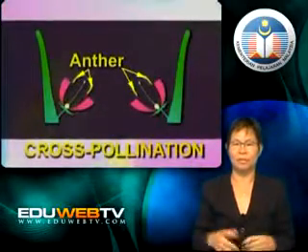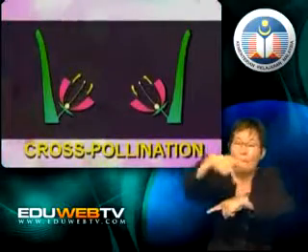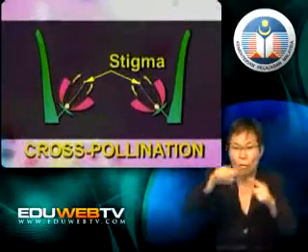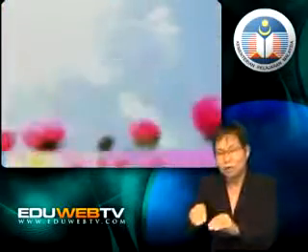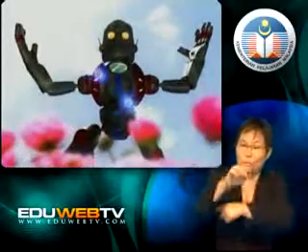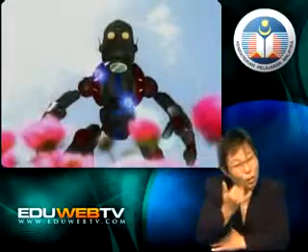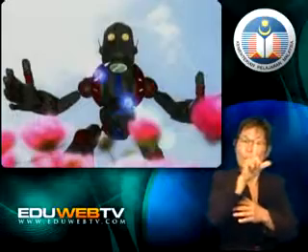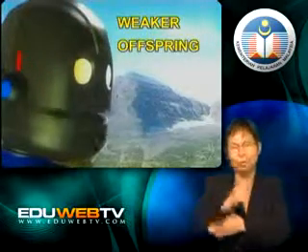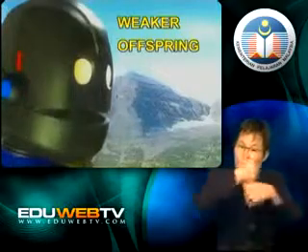Unlike self-pollination, cross-pollination takes place when pollen grains are transferred to a flower on a different plant. Cross-pollination is better than self-pollination. Do you want to know why? It is because self-pollination produces young plants that are weak.